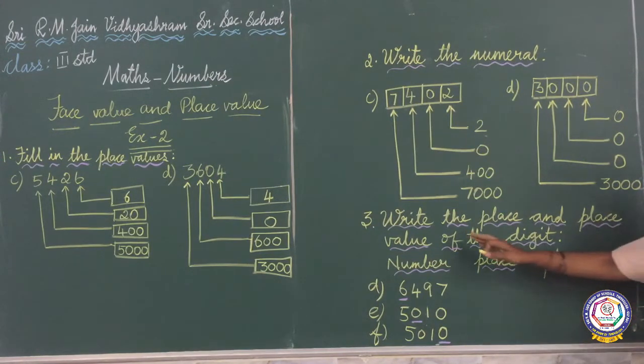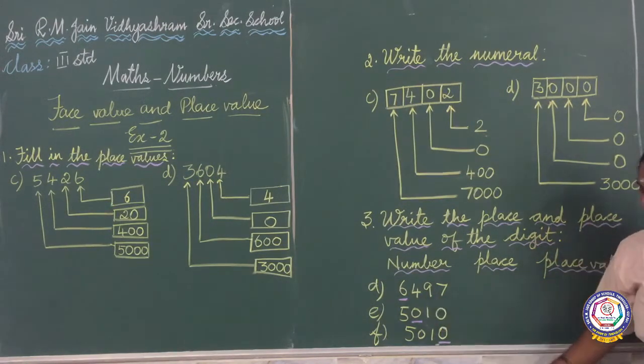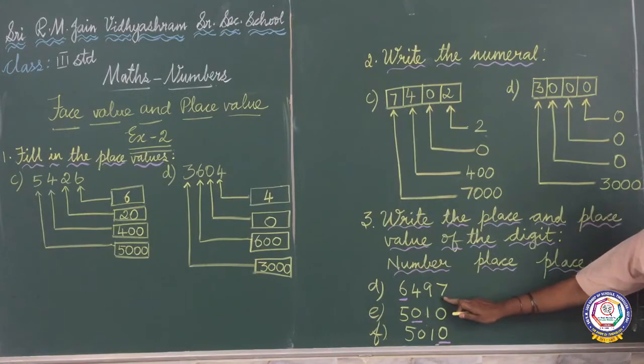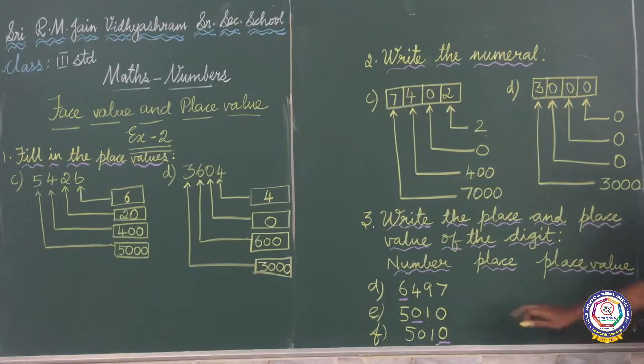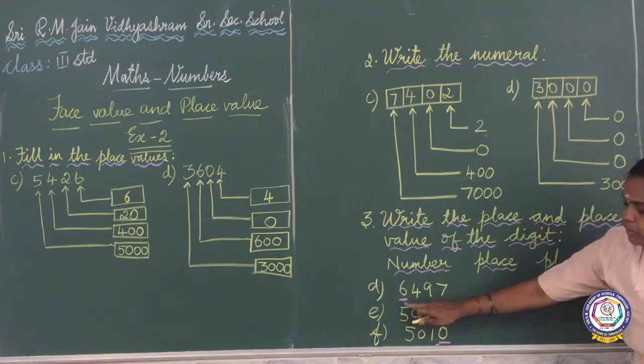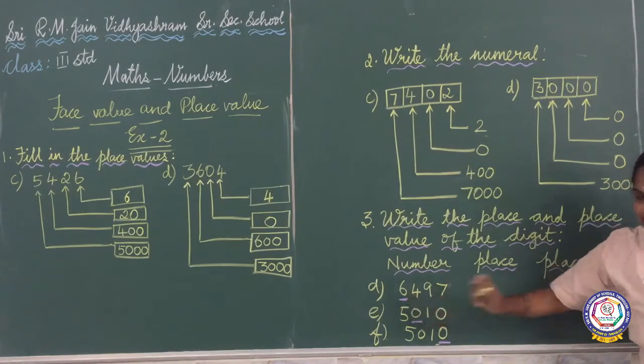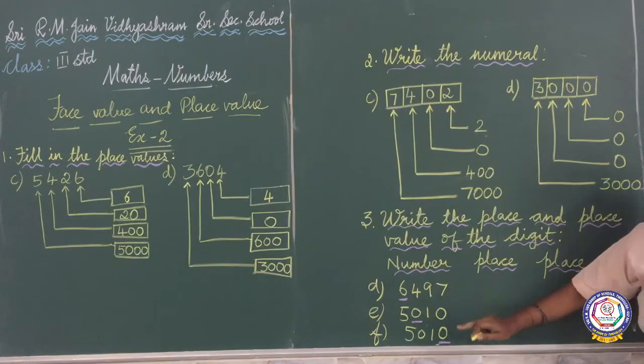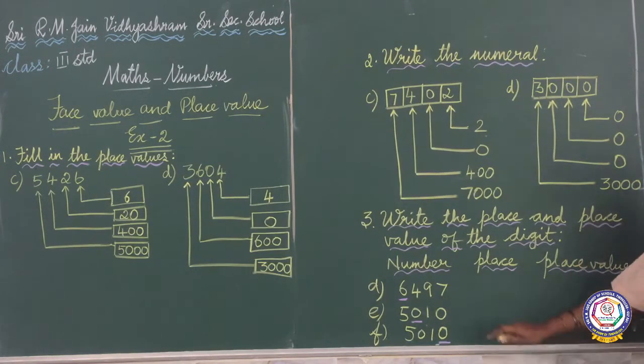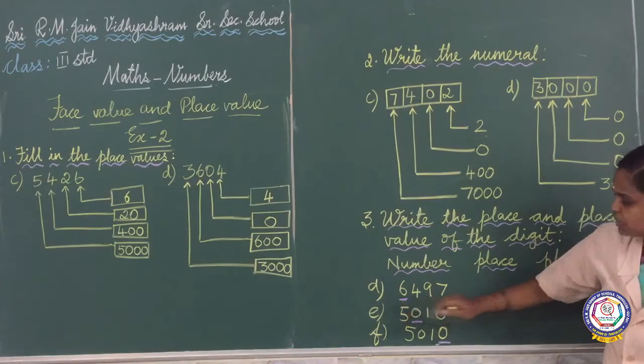Next one: write the place and the place value of the digit. Place means where it is placed, as I told you already. We are going to find the place and the place value for the underlined number 6. The place value of 7 is ones, of 9 is tens, of 4 is hundreds, and of 6 is thousands.